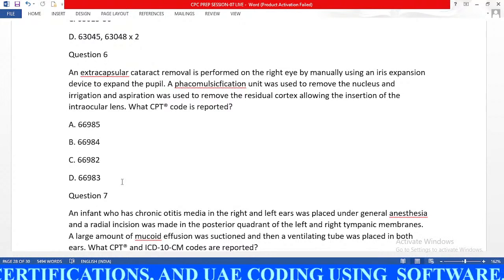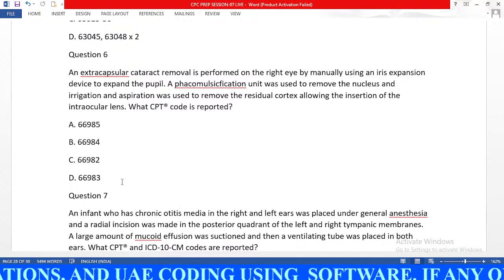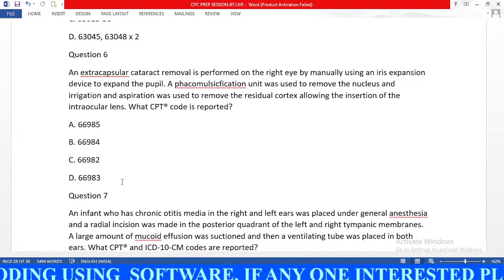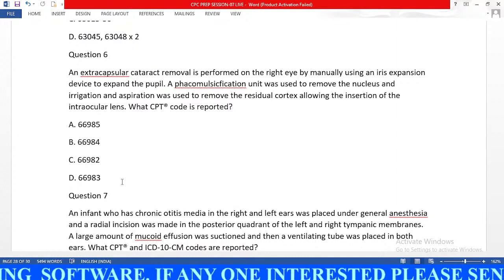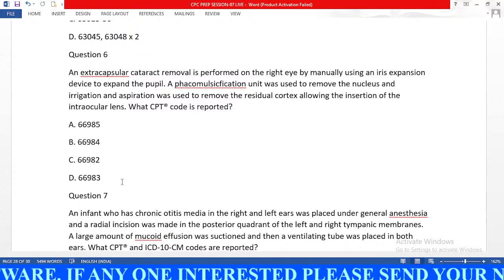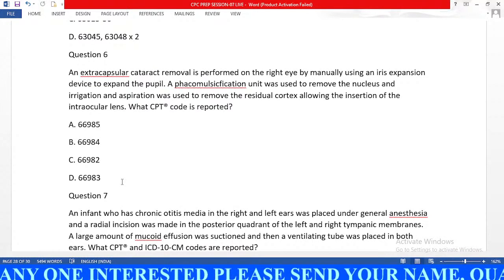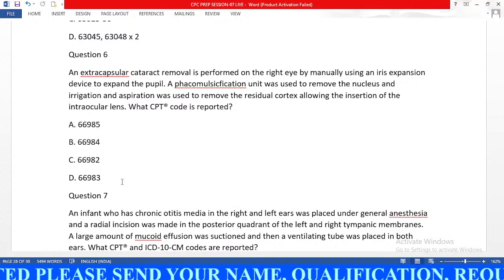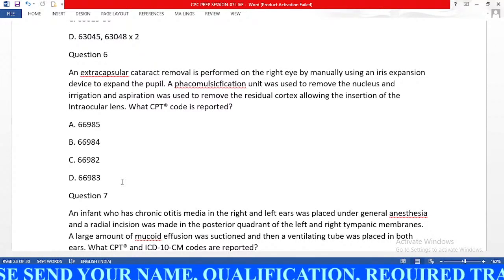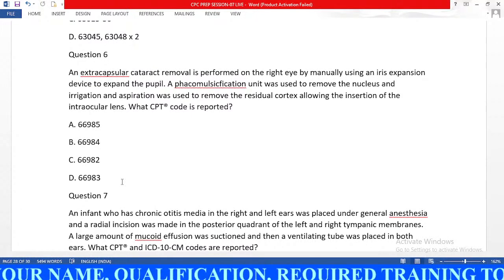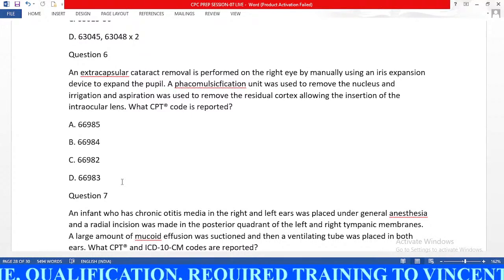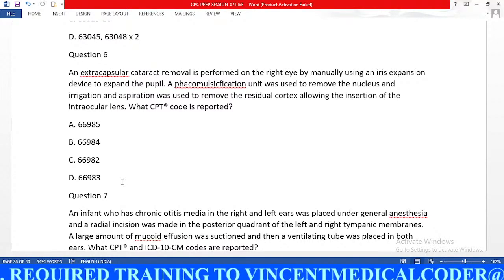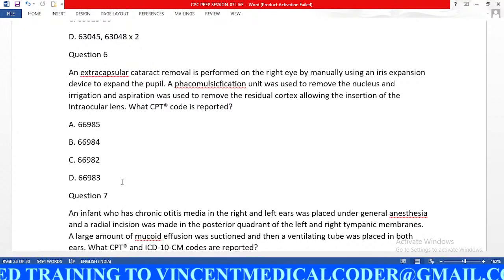So now we have 2 minutes. So now we have 1 more minute.